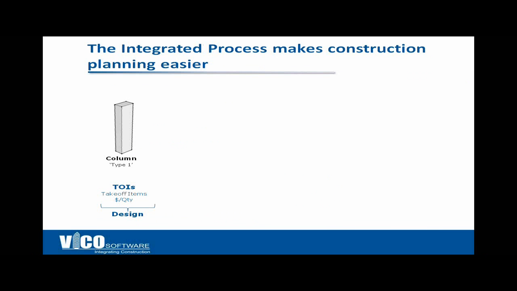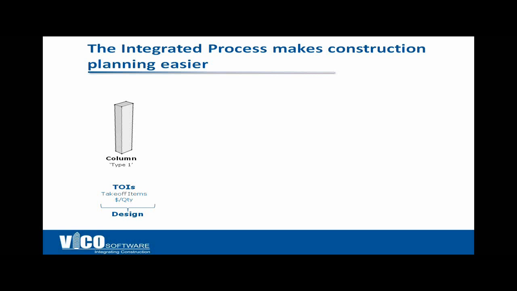Now, for those of you who are new, let me quickly take you through the integrated workflow. Basically, this column represents anything that's in a building information model. These elements or objects are brought into Vico Office through a publishing process that's quite simple. It's a one-button pick in your ArchiCAD or Revit or Tekla menus, and it creates what we call a takeoff item.